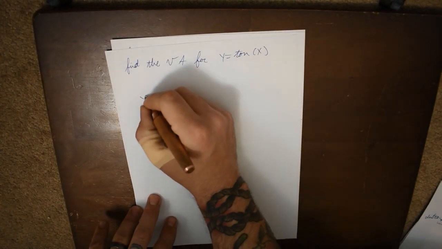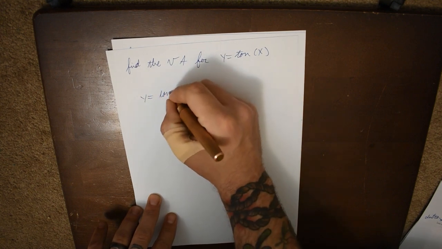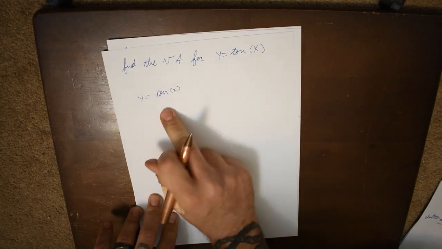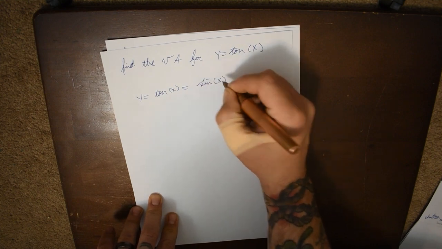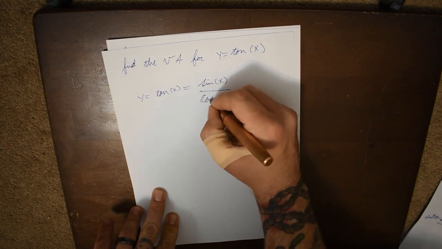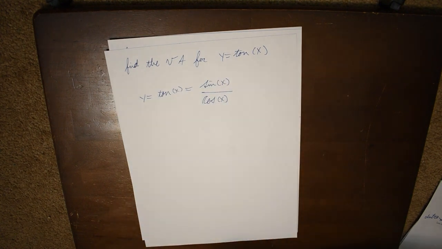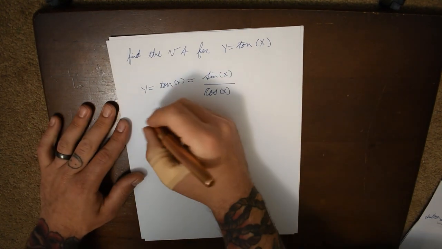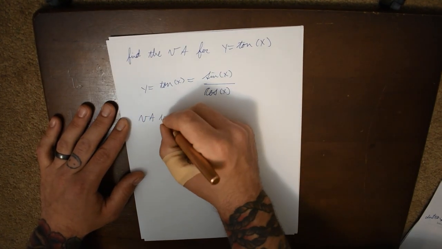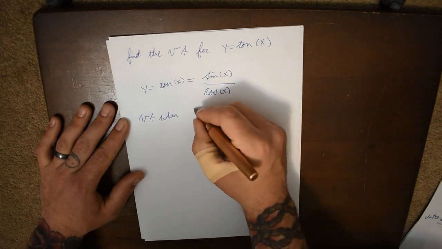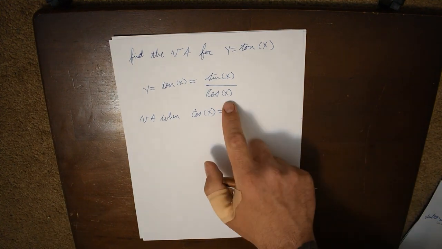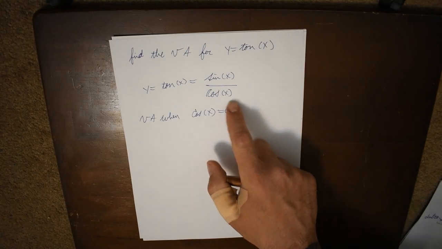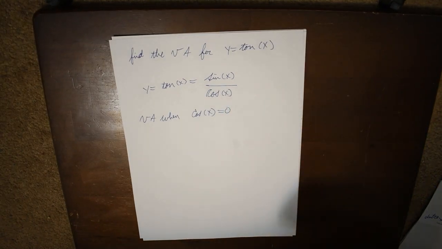Well, remember that tangent of x is the same as the sine of x divided by the cosine of x. We know that we're going to have a vertical asymptote when the cosine of x is equal to 0.